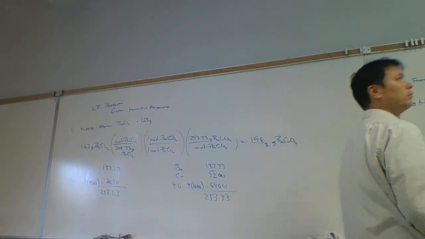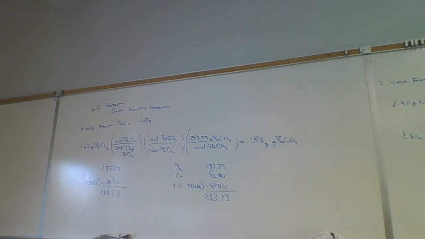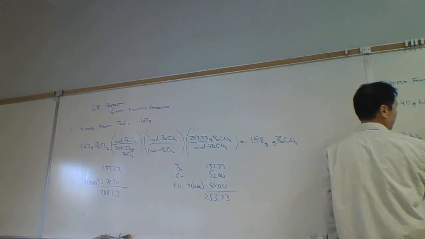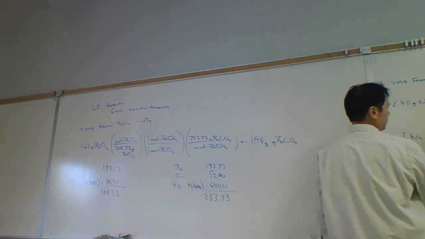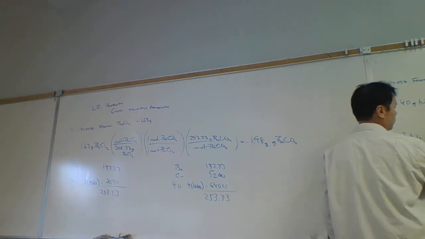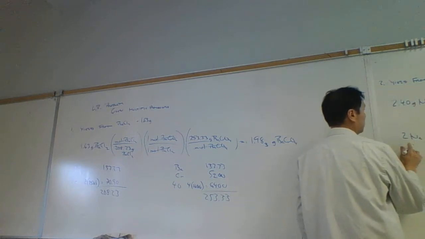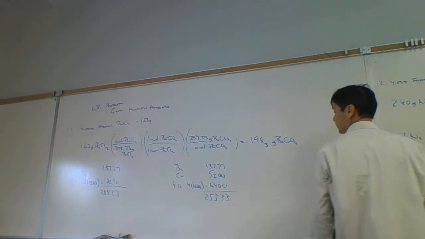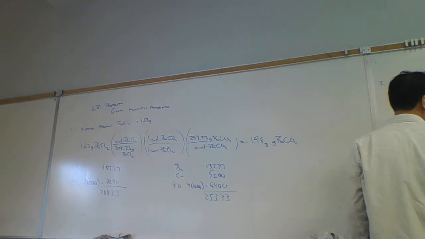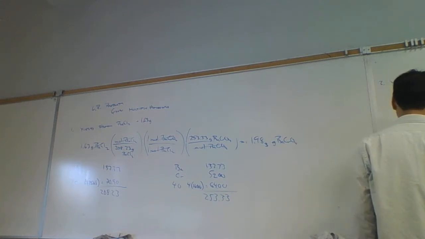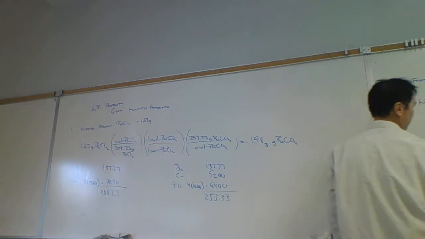We've got to figure out the molar mass. Sodium is going to be 22.99. 2 times 22.99 gives 45.98. We get a chromium, which is 52.00, and 4 oxygens, which is 64.00.